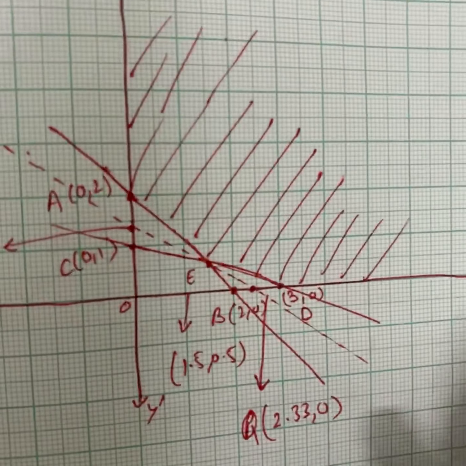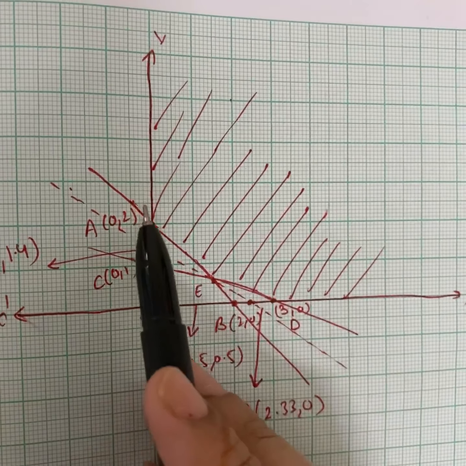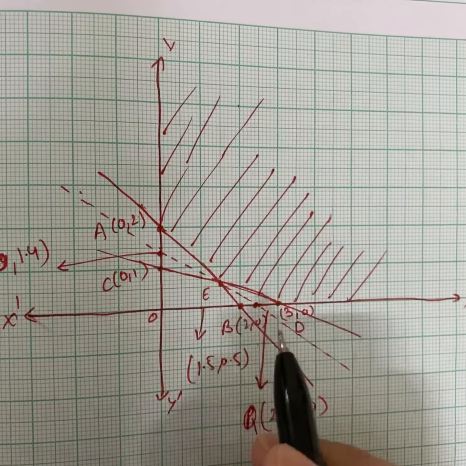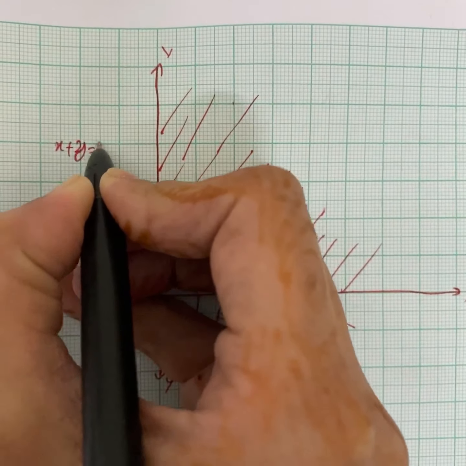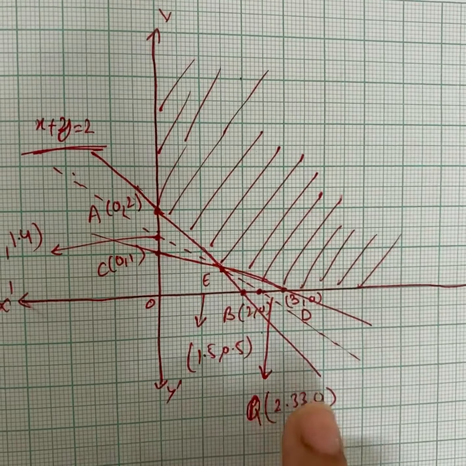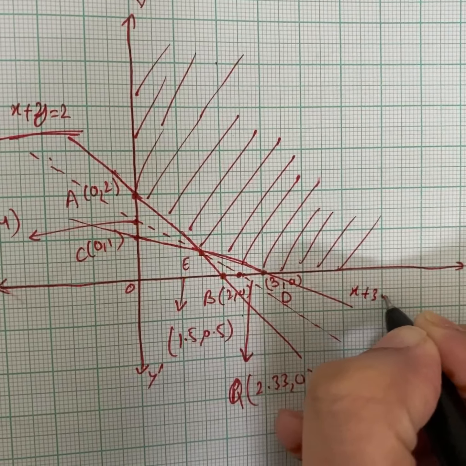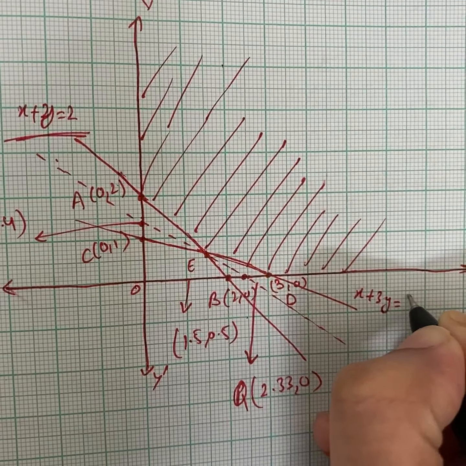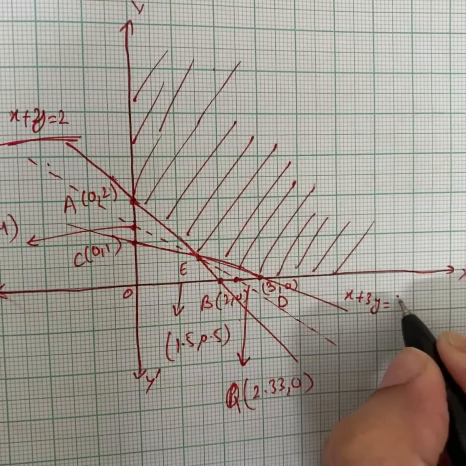See the graph here. This is your straight line through (0, 2) and (2, 0). This is x plus y equals 2. This line is x plus y equals 2. This is the next line, x plus 3y equals 3.